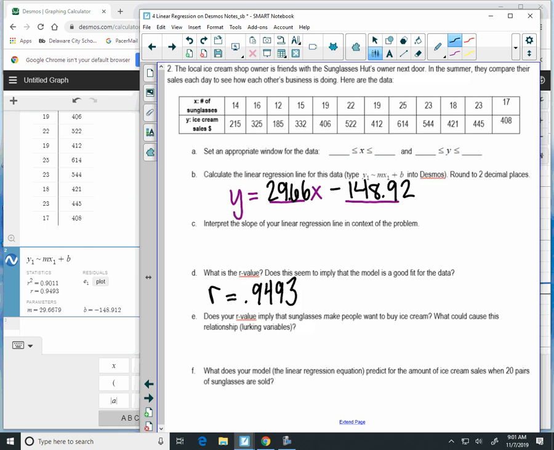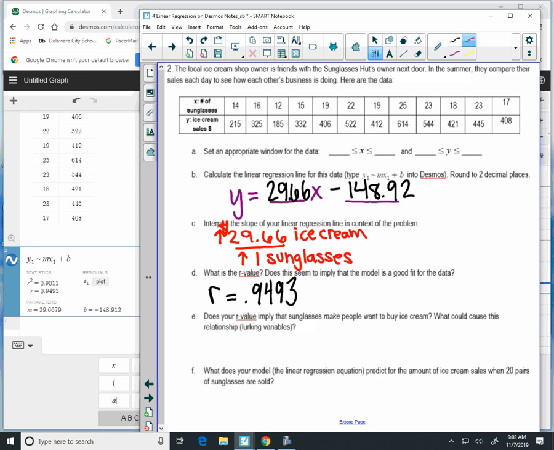Cool. Interpret the slope. All right, our slope is 29.66. And we're going up on both. So our Y was ice cream, and this is all dollars, ice cream dollars. And our X is sunglasses, number of sunglasses.